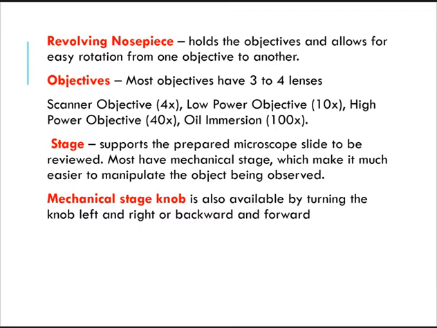They are held by the revolving nose piece, which is located just above your mechanical stage. They are adjusted to be near the specimen and perform the initial magnification of the object on the mechanical stage. The image is then passed to your oculars for further resolution.